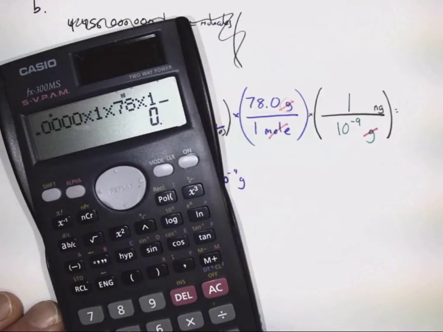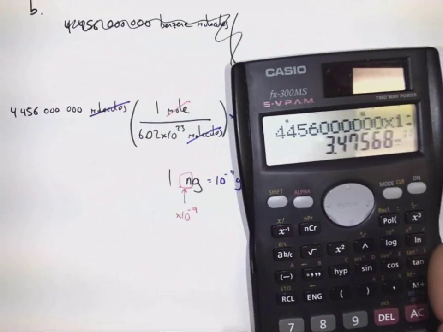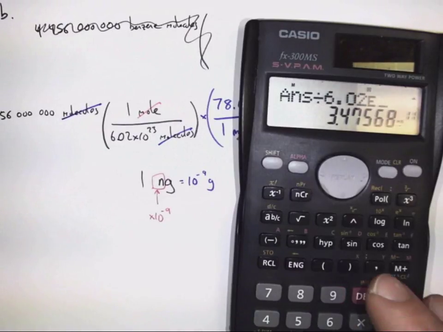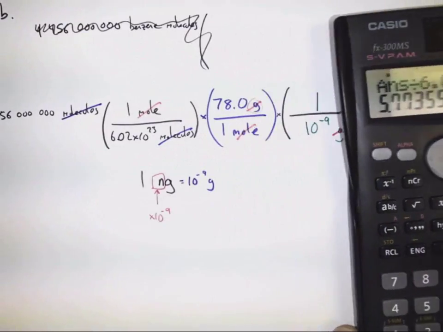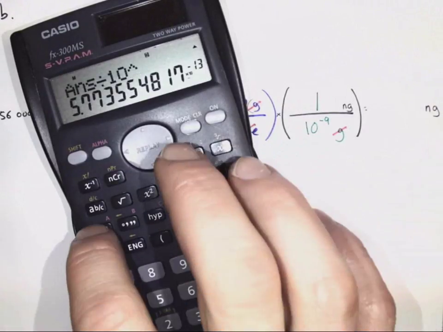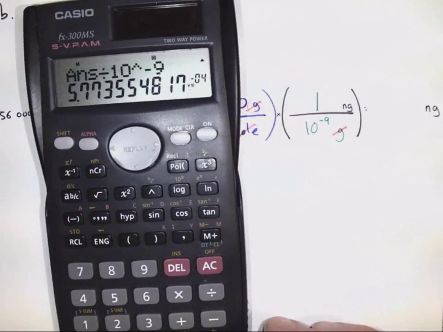I don't really need to multiply by 1, I'm just doing it for fun. Now I'm going to divide by the numbers on the bottom, 6.02 times 10 to the 23, and then divide by 10 to the power of -9. And there we go, we get our answer.